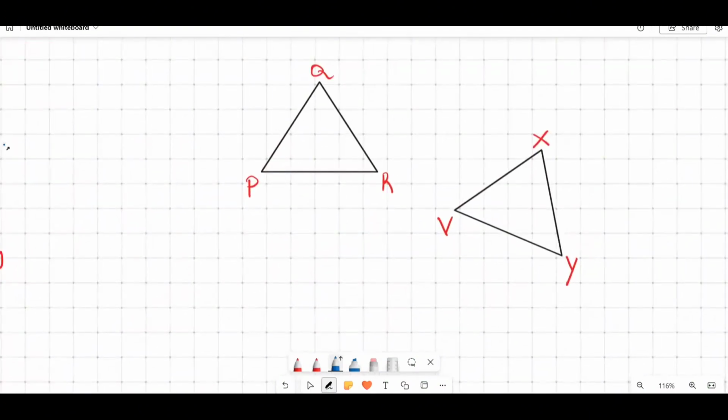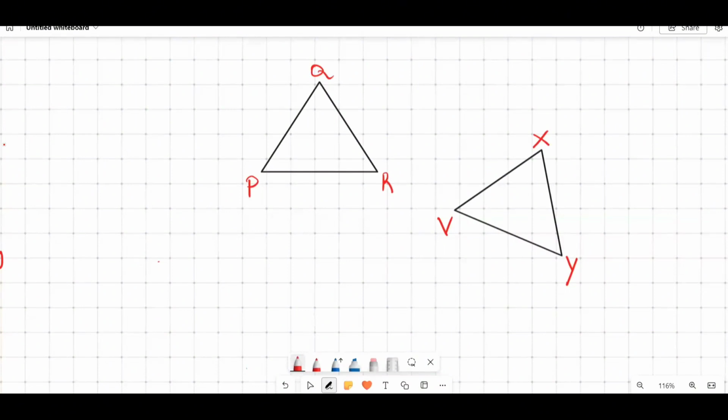Let's take a look at this second one. In this one, we have PQR and VXY.